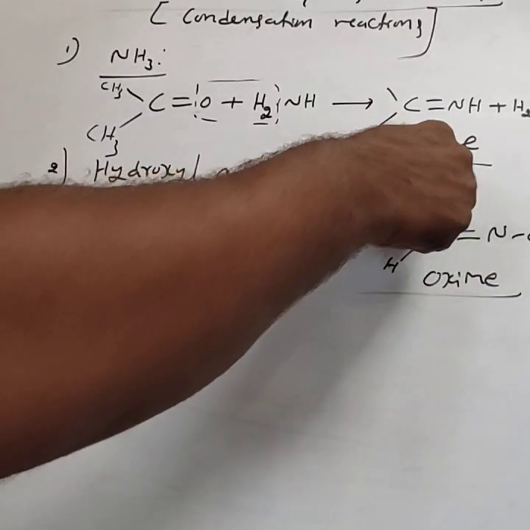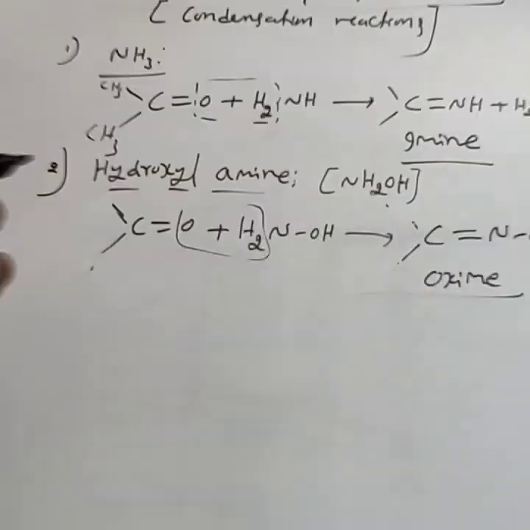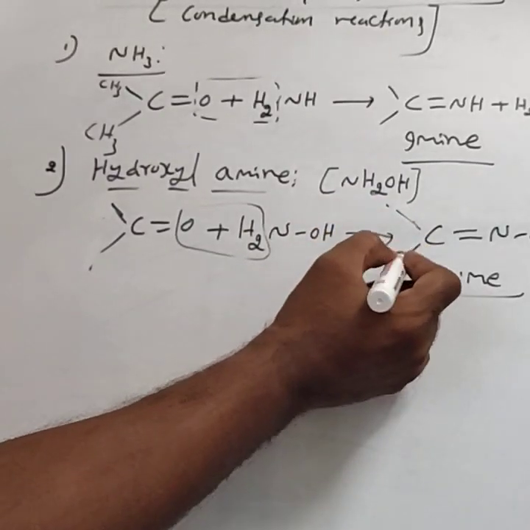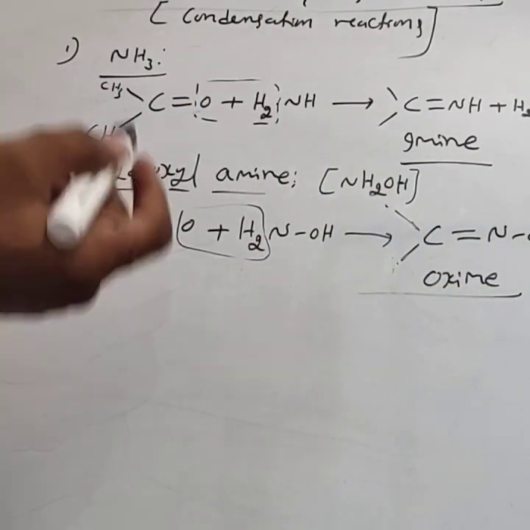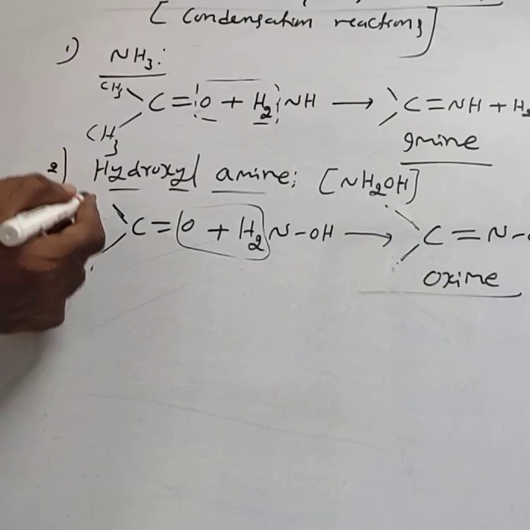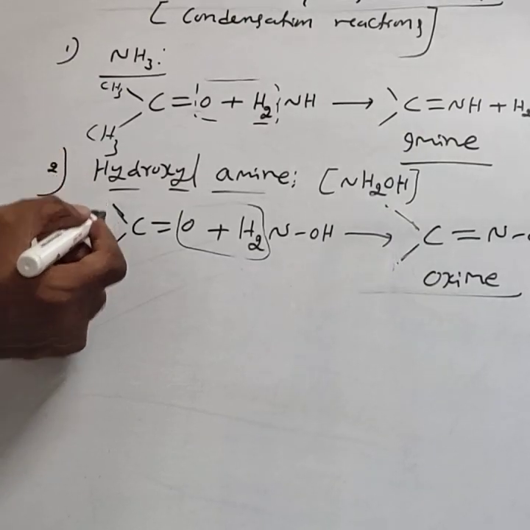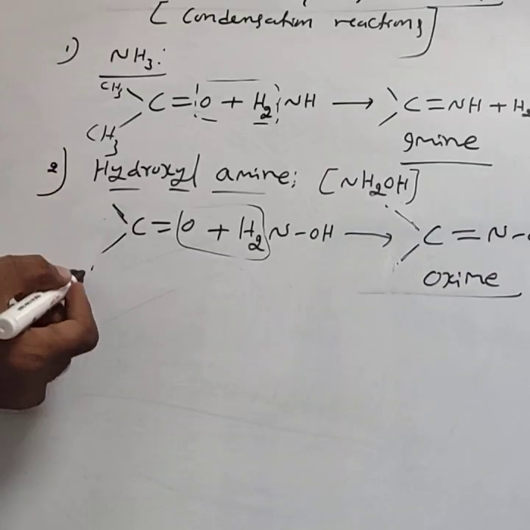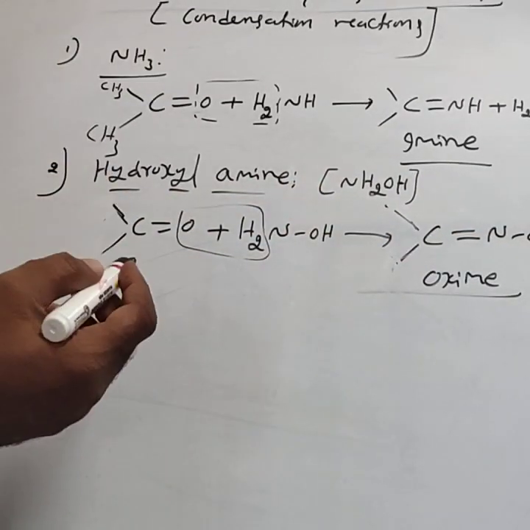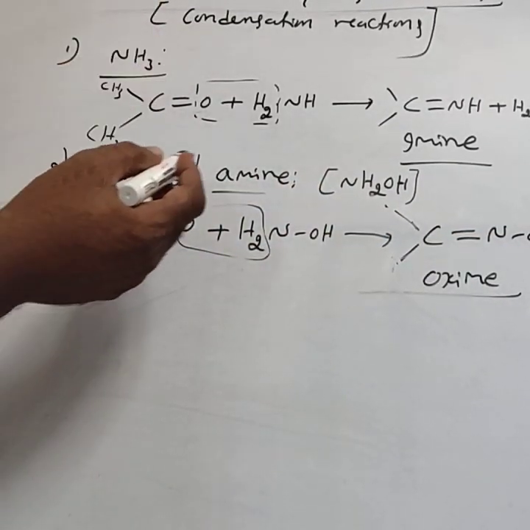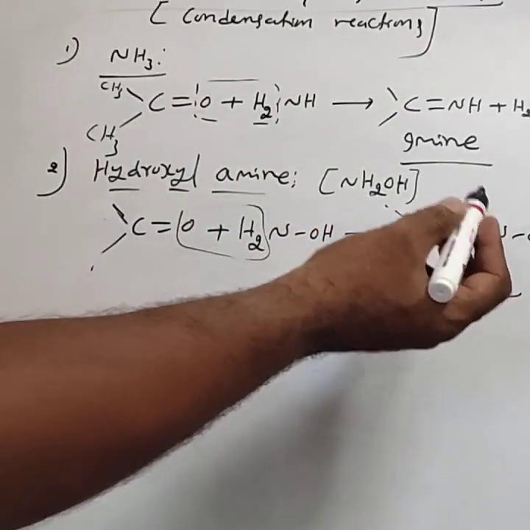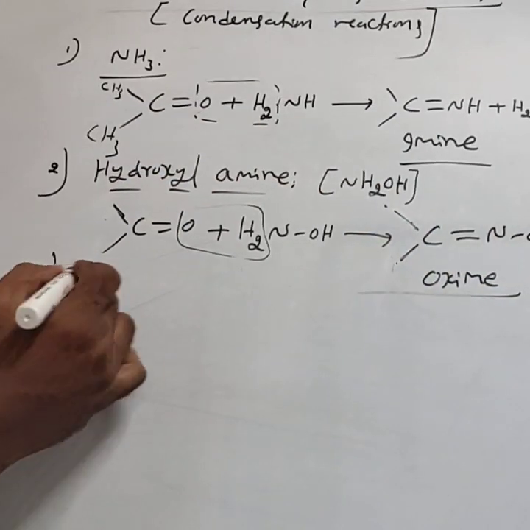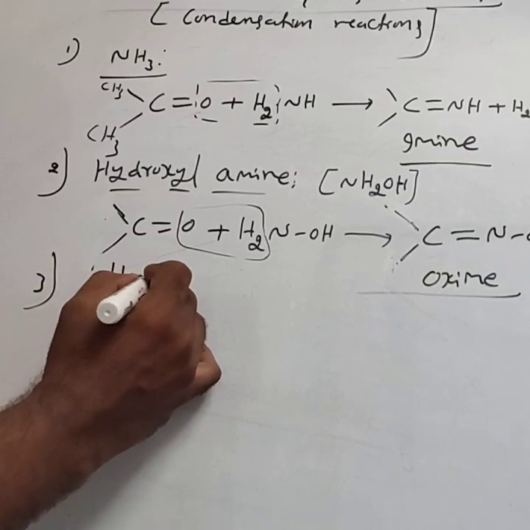This is the general one for a carbonyl compound, maybe either aldehyde or ketone. Specifically, if it is an aldehyde, then this has R and H. If it is a ketone, both valencies are R. This is about the reaction with hydroxylamine. Oximes are formed.